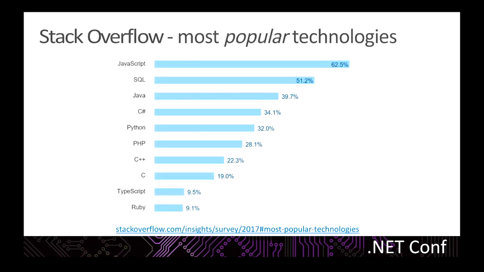So let's get started. Here's a little bit of why I want you to consider C#. This is a list of Stack Overflow's most popular technologies in their 2017 survey. And if you notice, C# is fairly close on that list. We're up there, fourth, among some other very popular languages.